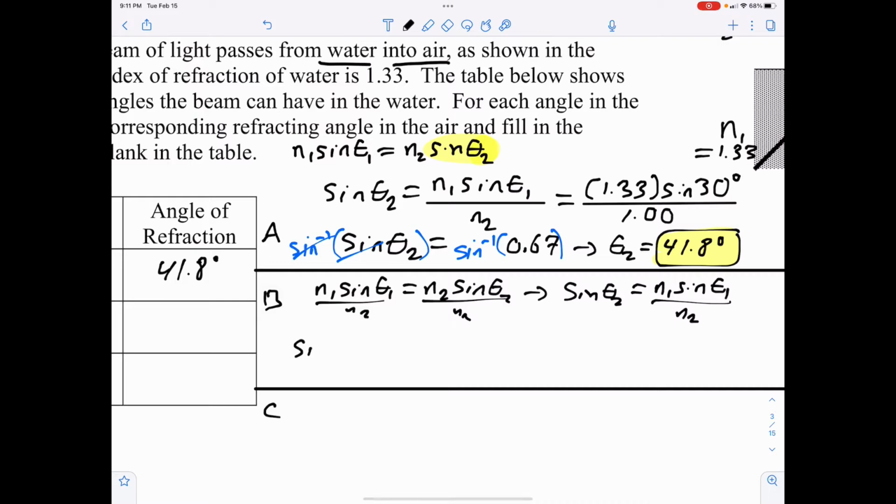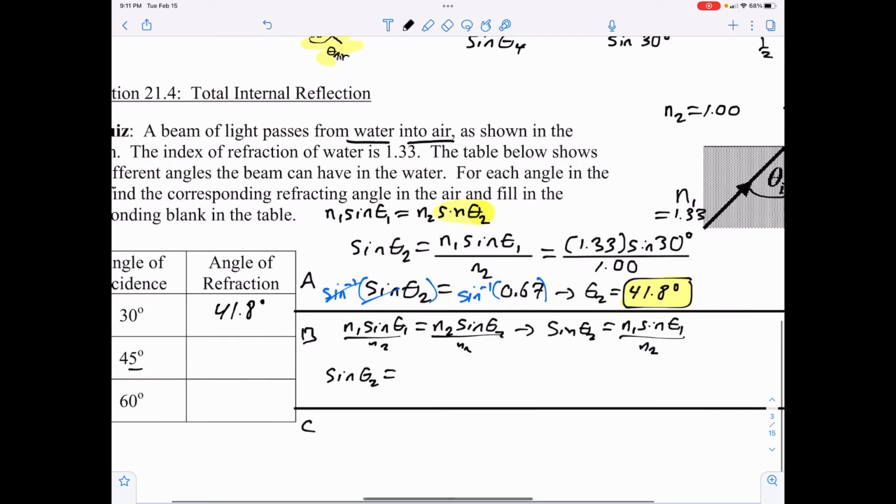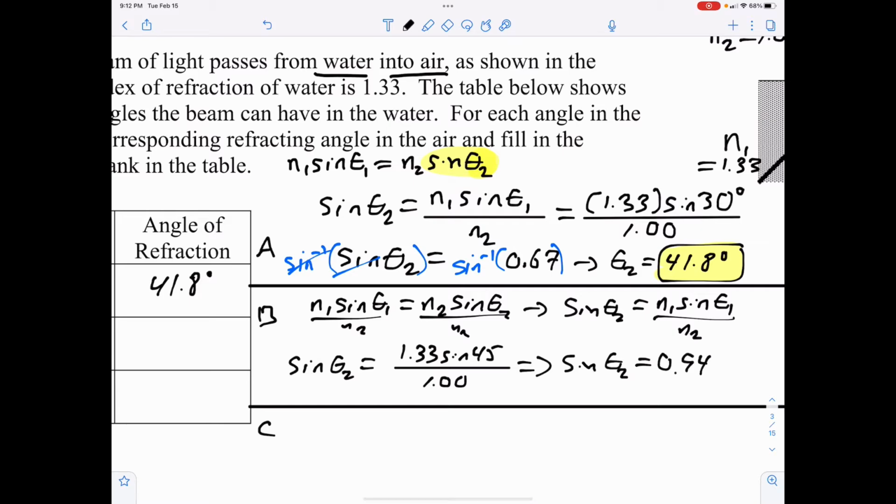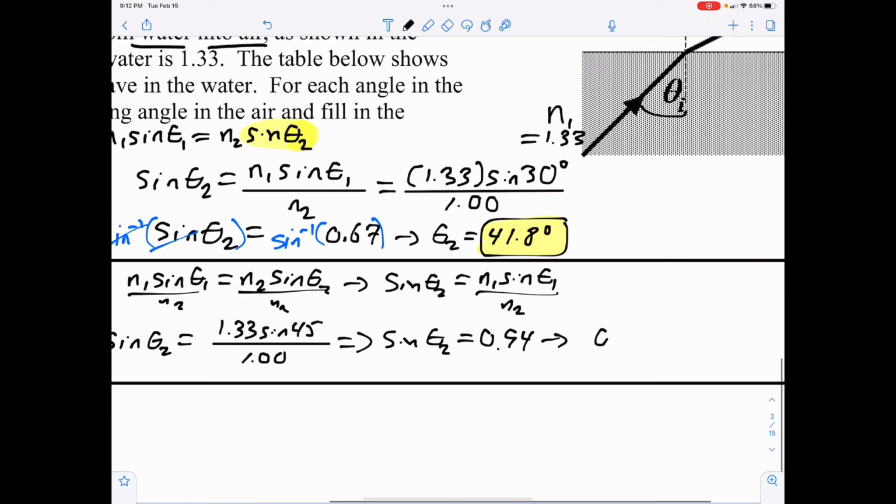And when we plug into this, sine of theta 2 is equal to N1, 1.33, times the sine of 45 divided by N2, which is 1.0. So sine of 45 is 0.707. 0.707 times 1.33 means the sine of theta 2 is equal to about 0.94. If we take the arc sine of both sides, we get theta 2 is approximately 70.1 degrees.